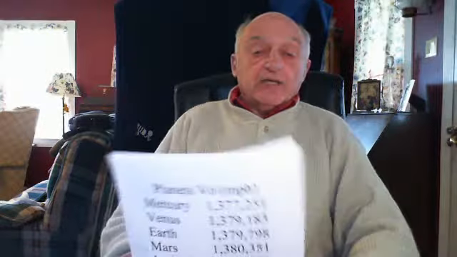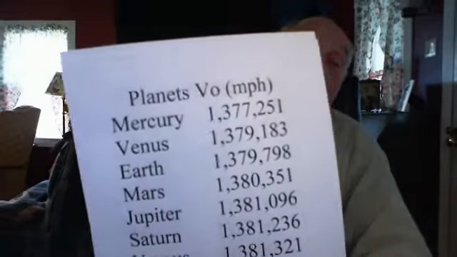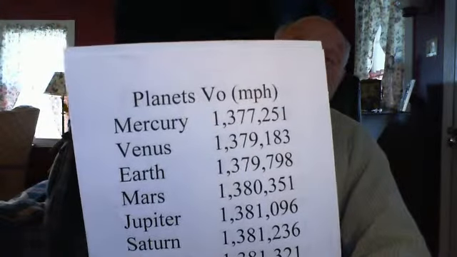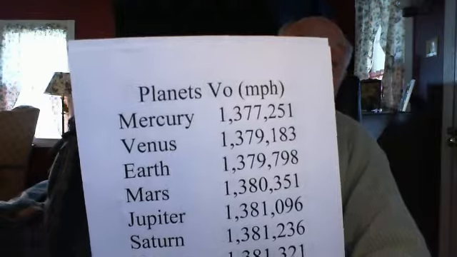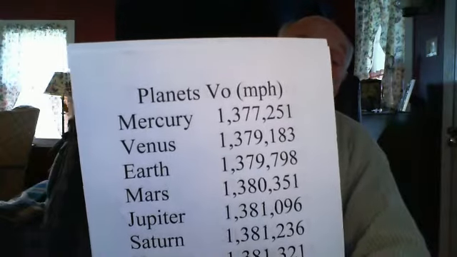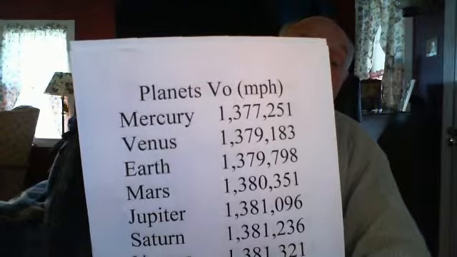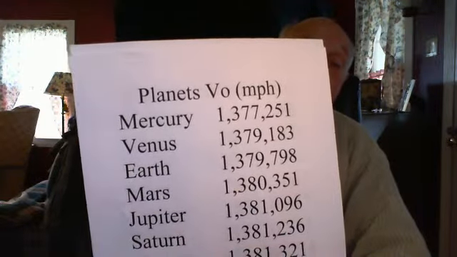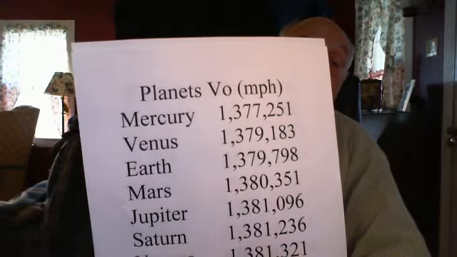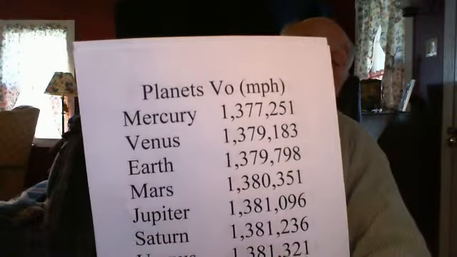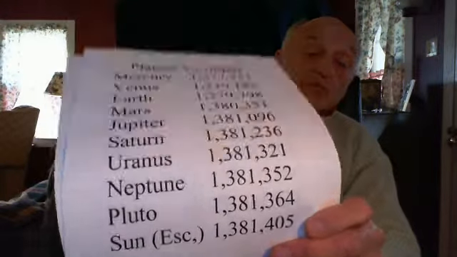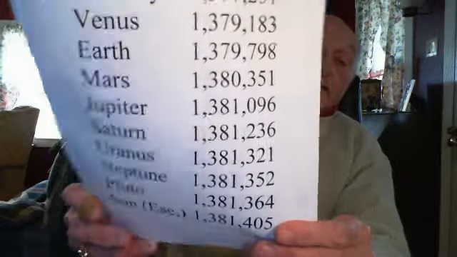Now, these numbers are really quite spectacular. I calculate that the nearest planet to the Sun, Mercury, left the Sun at 1.377 million miles per hour. Venus, just a couple of thousand miles per hour faster. The Earth a little faster, and so on, all the way to Pluto, which is 1.381. Notice something.